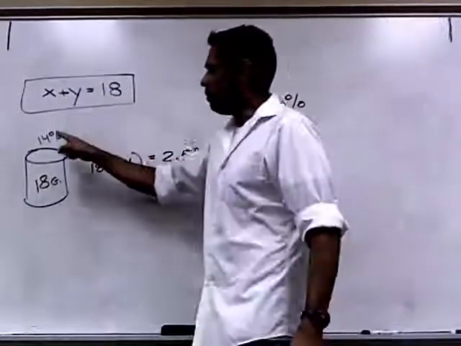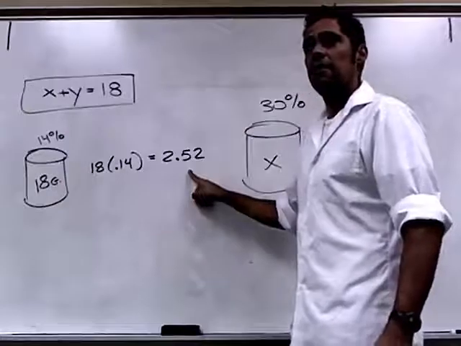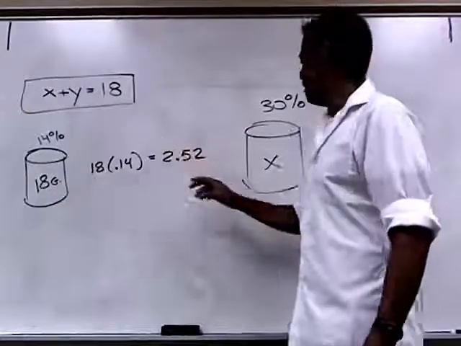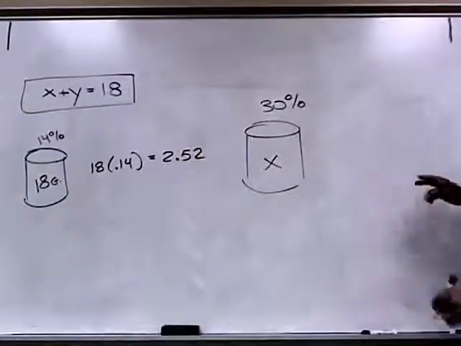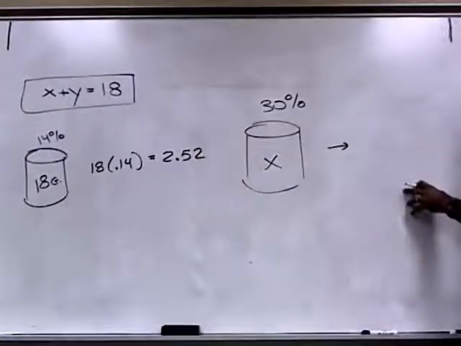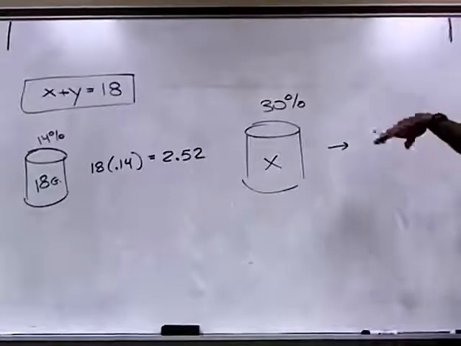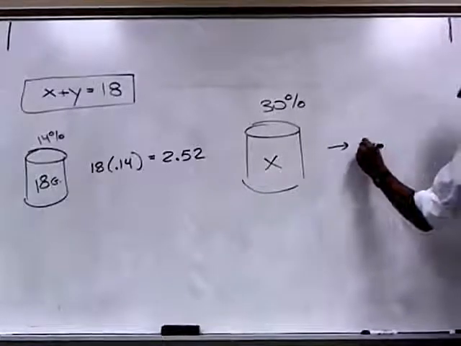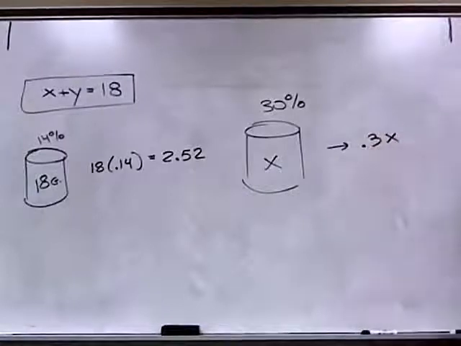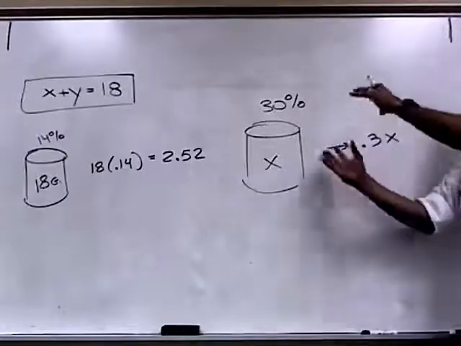If we know this is the percentage and this is how much was there, we multiply the two together. When I pour the 30% in, how much alcohol or sugar will I have? I don't know exactly, but I can represent it with my letters. It's 0.3x. Do you all agree? That's 30% times x, so that's how much sugar I get from pouring that one in.